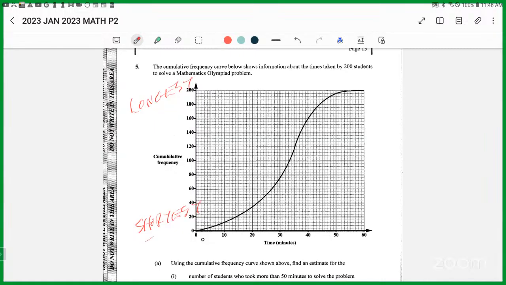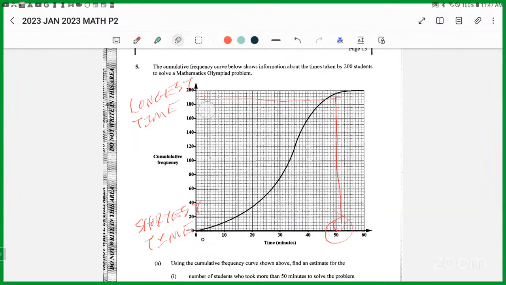So the shortest time students are at the bottom, the longest time students are at the top.